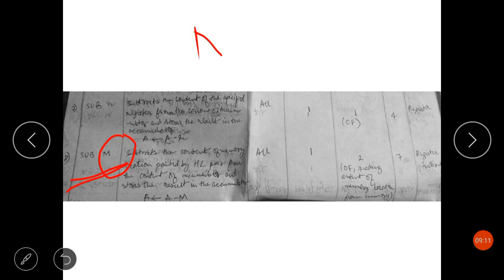Suppose the accumulator's content at the time of execution is 20H, and the content of H is 40H, and the content of L, we are supposing these things, let it be 21H. Suppose this is the memory that is associated with the microprocessor, and the memory location 4021H has the content 10H.